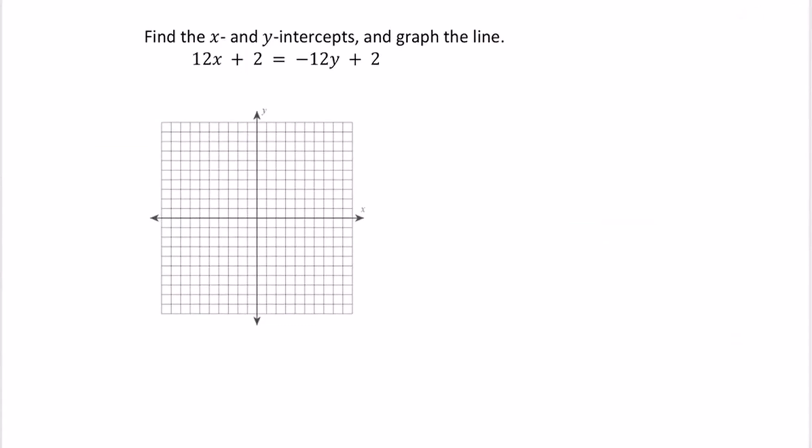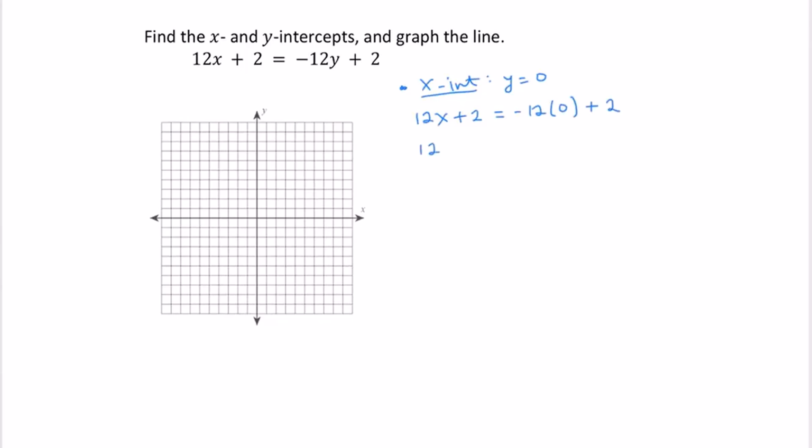The next problem, we have 12x plus 2 is equal to negative 12y plus 2. So again, let's get the x-intercept. So y needs to equal 0. So we have 12x plus 2 is equal to negative 12 times 0 plus 2.